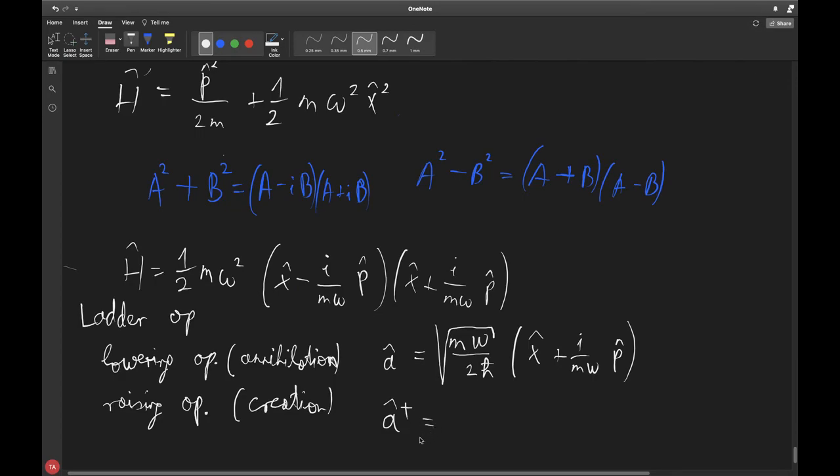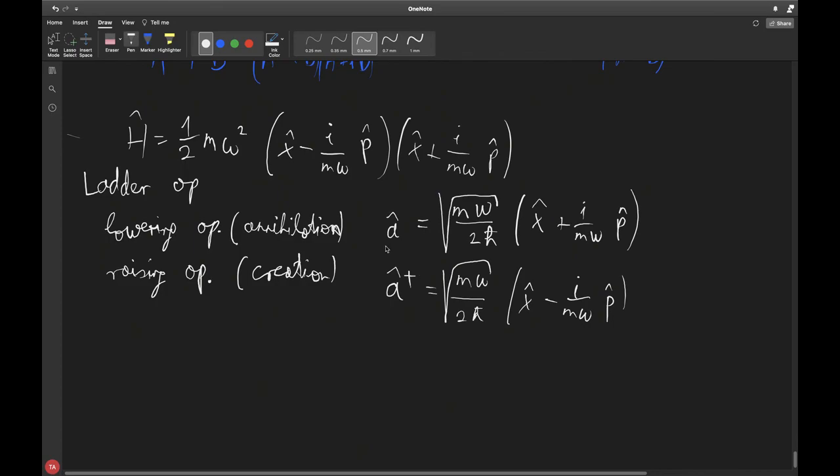These anyway look very similar. So that's the one which creates the particles. So the factor before it is going to be exactly the same, m omega over 2 h bar, and x operator minus i over m omega of the p operator.